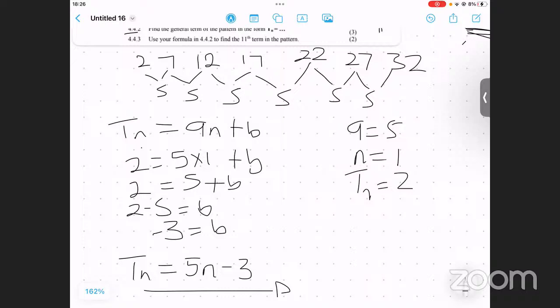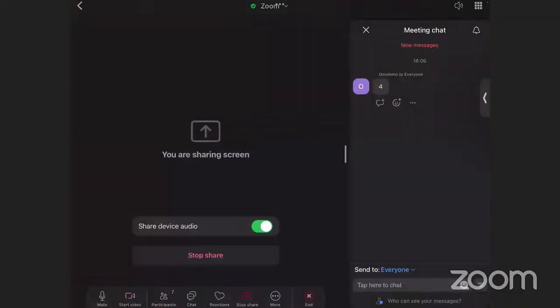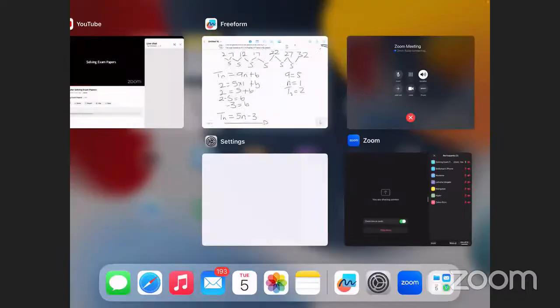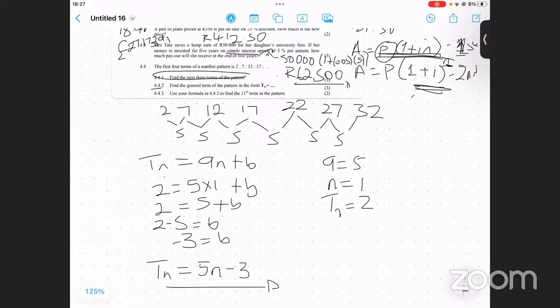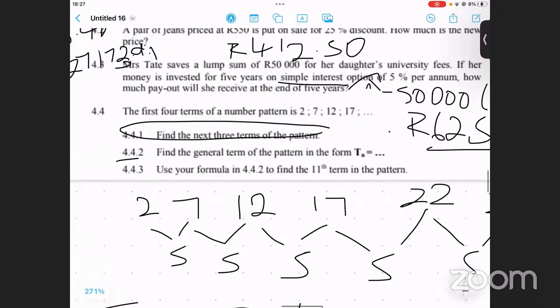Same way, perfect. Let's see, Buikanyo. Ma'am, I was gonna do it the same way also. Same way. Lihumo, Mangaliso, how about you guys? Same way? Okay, perfect.